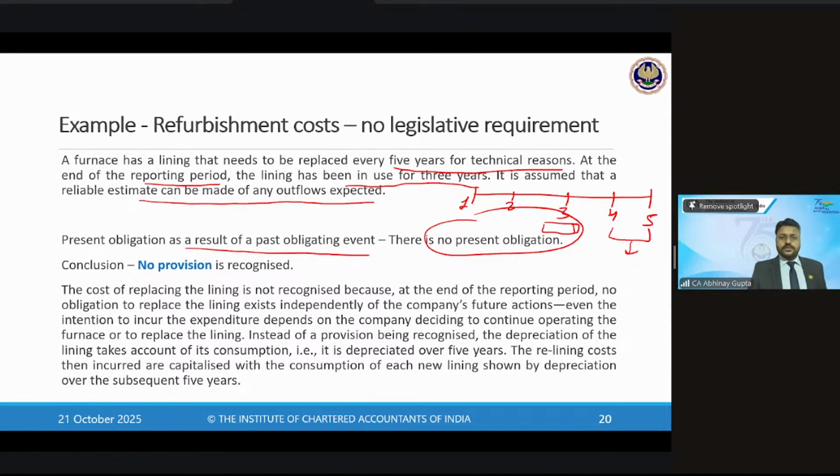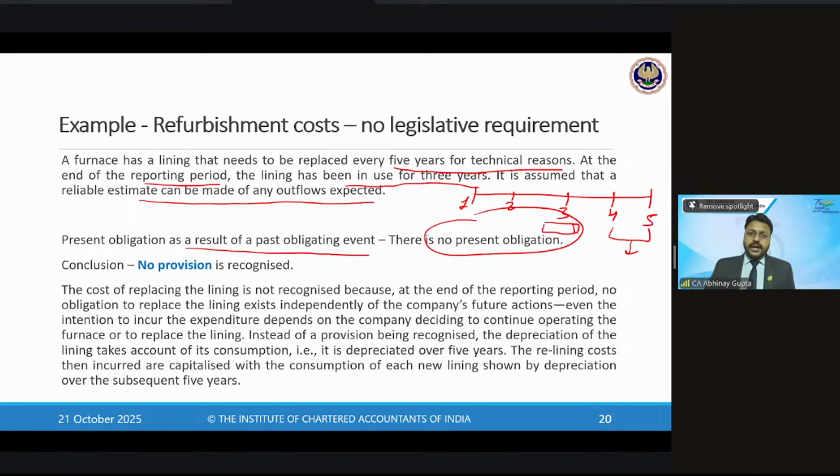Okay, forget about today's standard. Let's go back and try to recall Ind AS 16, Property, Plant and Equipment. What does that standard say? Componentization: we record property, plant, and equipment on the componentization approach, right?